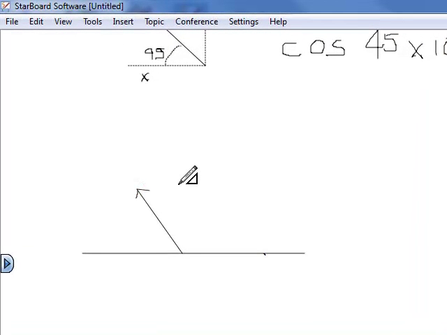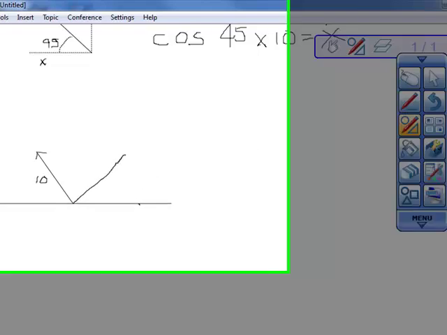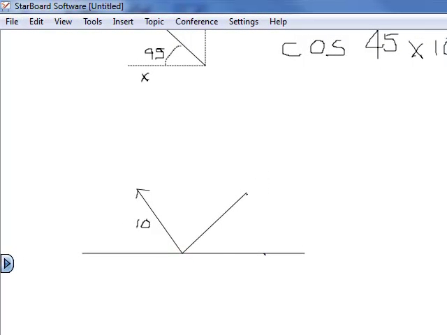Going in that direction, that equals 10, whatever thing you have there. Then you got a force going in this direction. That one equals 16.